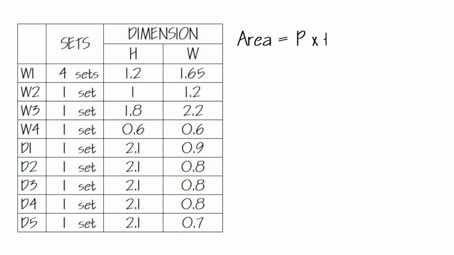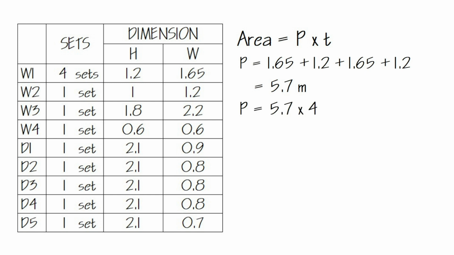So area, that is equal to perimeter multiplied by thickness ng wall. So, lineal meter ng window 1, that is equal to 1.65 plus 1.2 plus 1.65 plus 1.2. And mumultiply natin din ito sa 4 kasi 4 na window 1. So, times 4, that is equal to 22.8 meters.